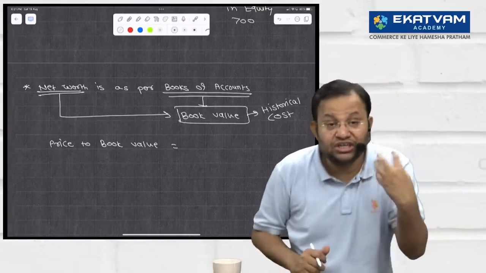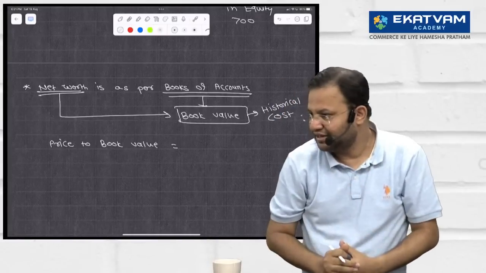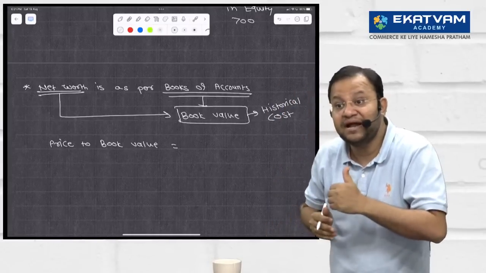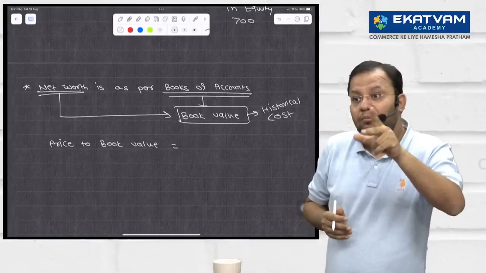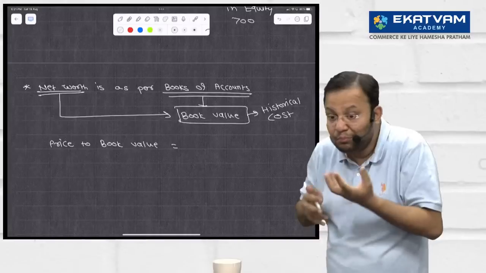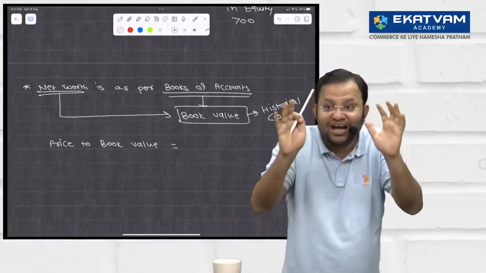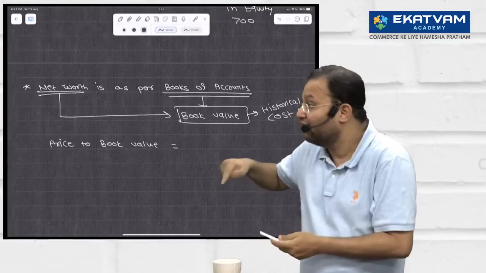Future is bright, so growth is expected, because of which the price paid is generally more than book value. Price is not based on your assets. Price is paid for future profit.